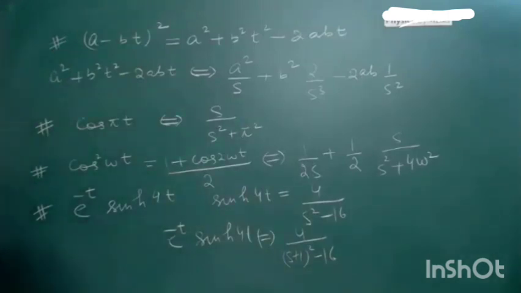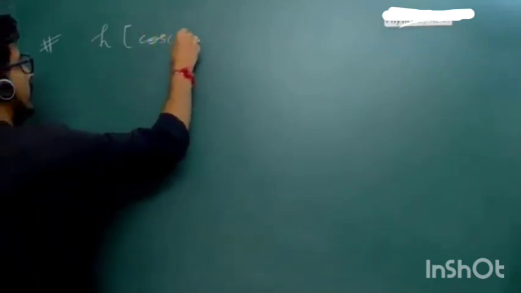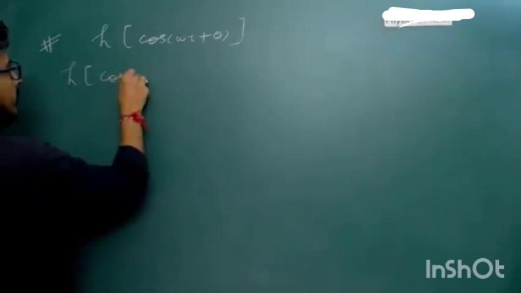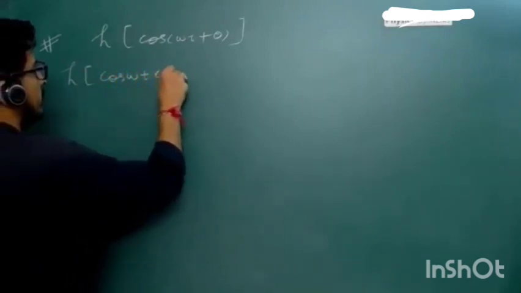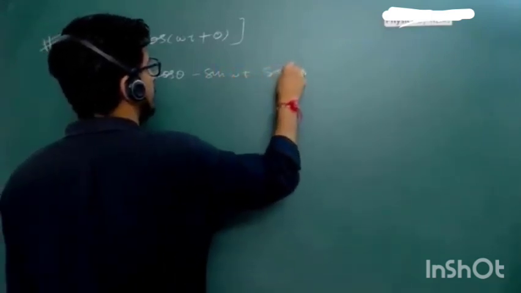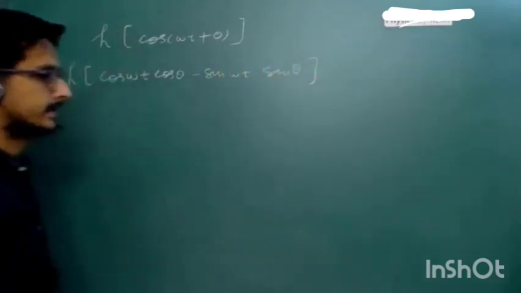So these are small questions to practice. Suppose I want to write the Laplace of cos of omega t plus theta. It will be given by Laplace of cos omega t cos theta minus sine omega t sine theta, correct?